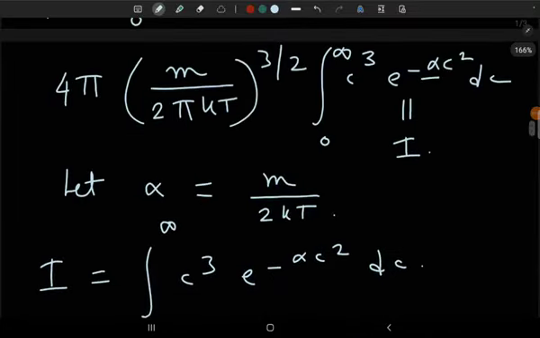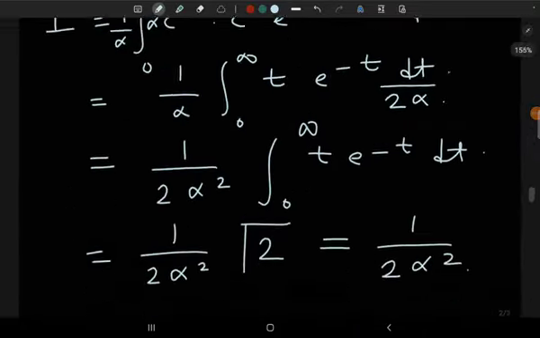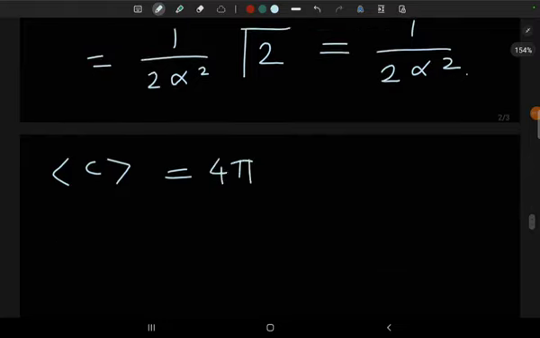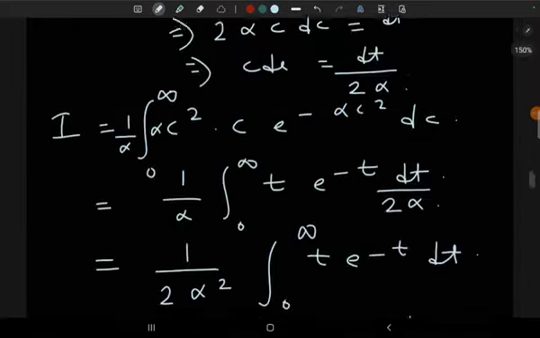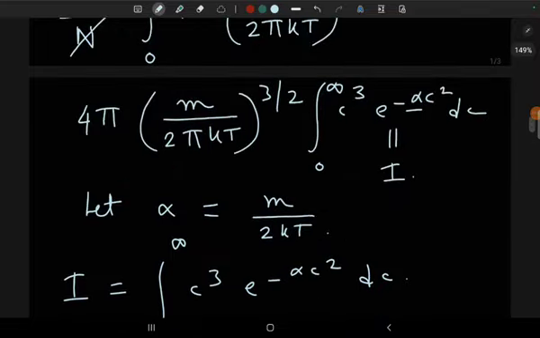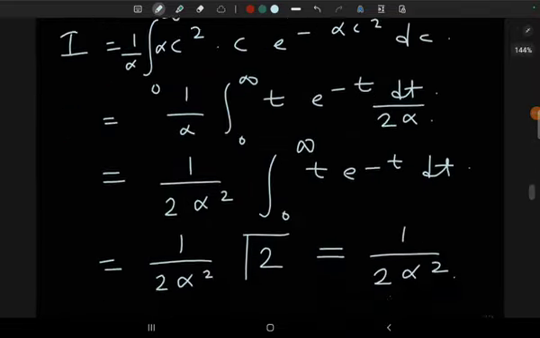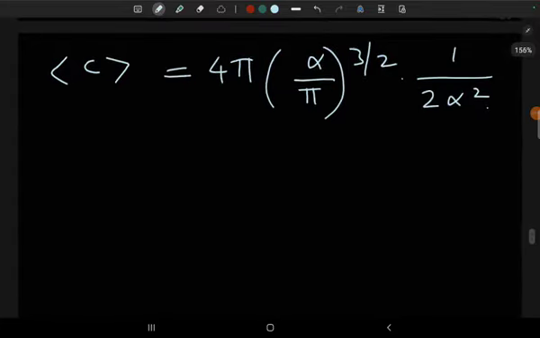4 pi times alpha upon pi whole to the 3 by 2 into 1 by 2 alpha squared, and we have written the entire problem in terms of alpha.